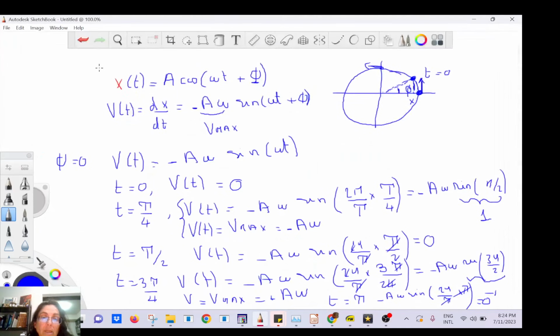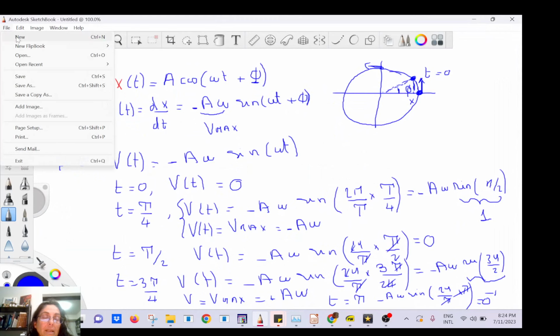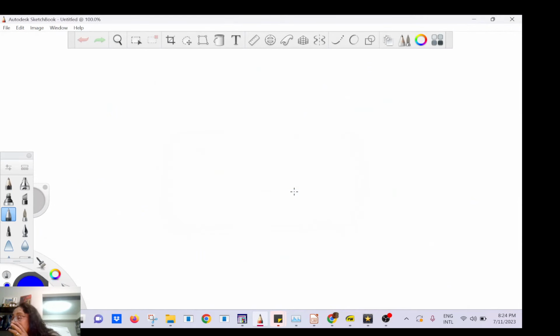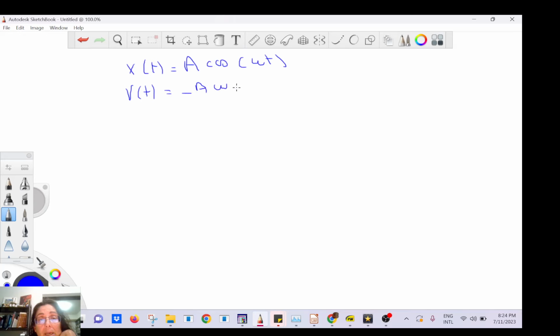Okay, so we have again, the displacement is A cosine omega t. I'm going to forget about the phi. So velocity equals minus A omega sine omega t.